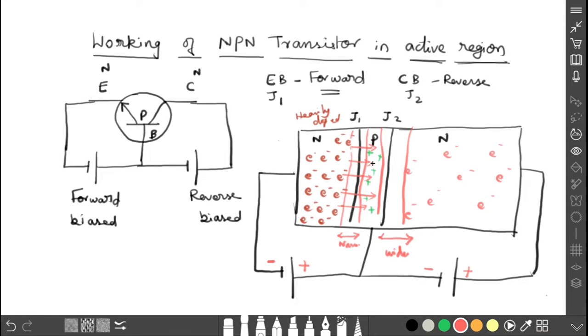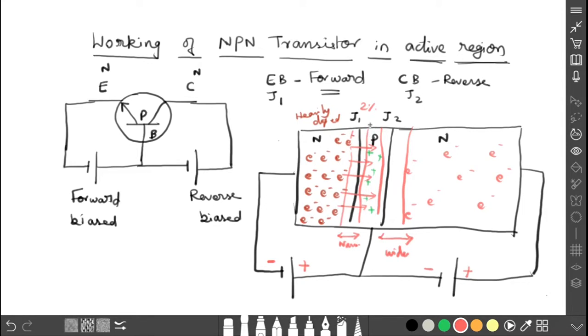So the number of holes in this region will be very small. What will happen? Only about 2% of the electrons recombine with the holes, but a very large number of electrons are present here.